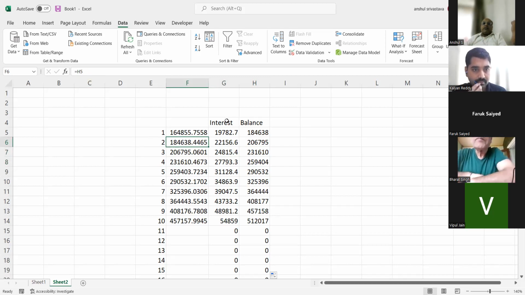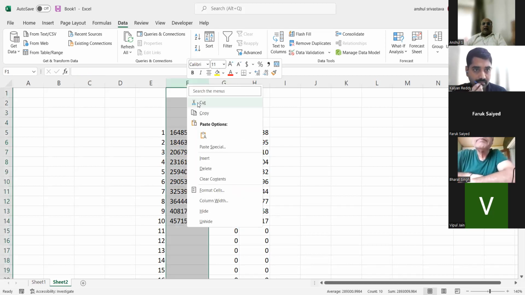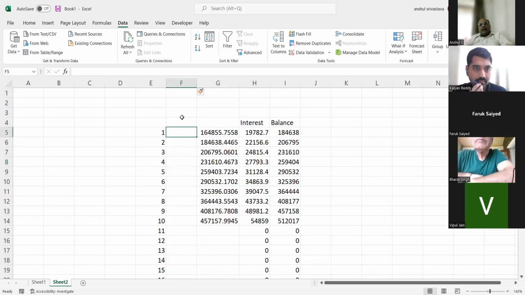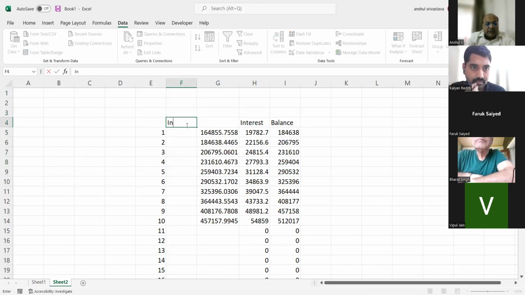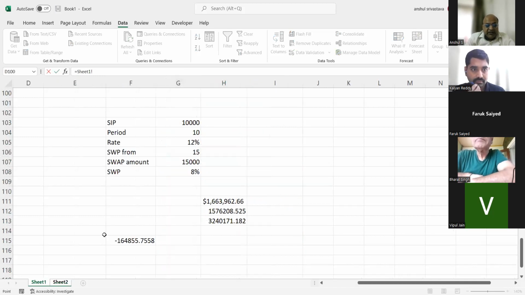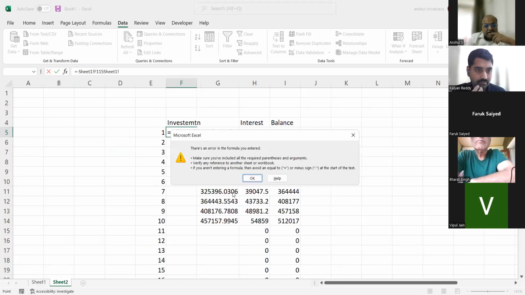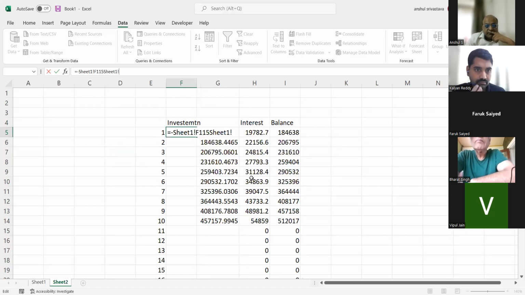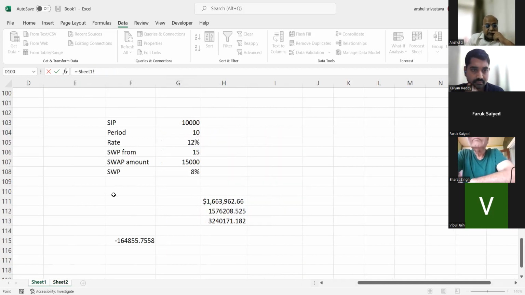So we'll have to insert the investment. Every year this investment will be there, no? We are not adding the principal portion every year.